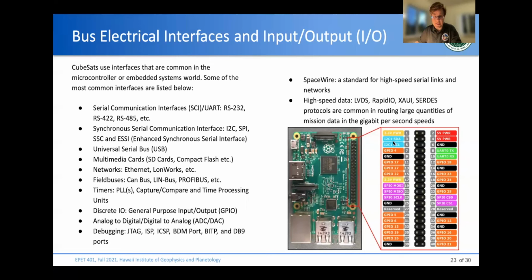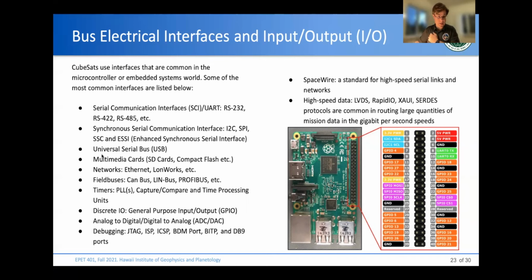I2C is here listed in blue. Then you have the serial communication interfaces like RS-232, or in this case, it's going to be TTL level. You have UART0, TX, and RX. So this is usually where your serial communication is.